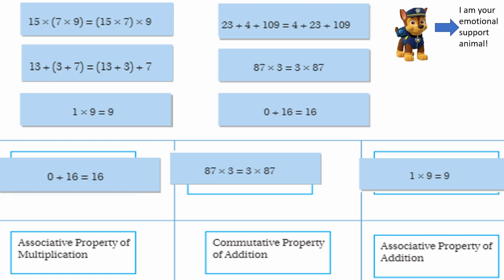So let's say 4 plus 23 is 27, plus 109 is 136. That's not important for this, though. Just like the commutative property of multiplication, when you move stuff around from its starting place, it doesn't change the answer, it just changes the appearance of it. So that goes to the commutative property of addition.